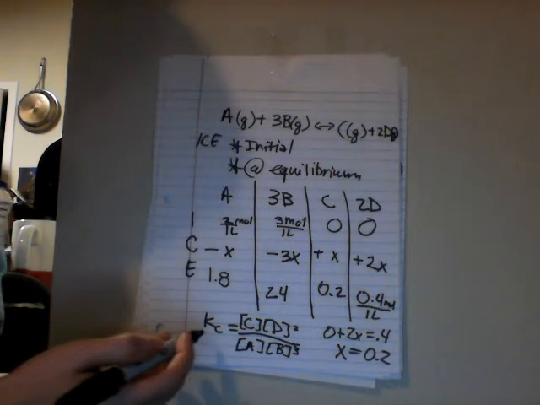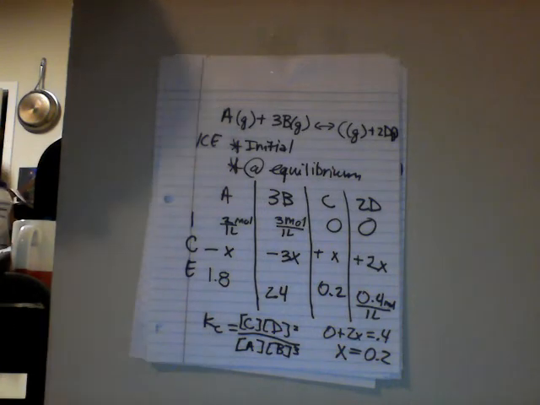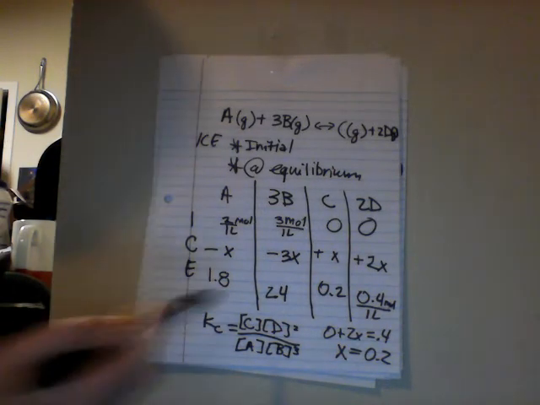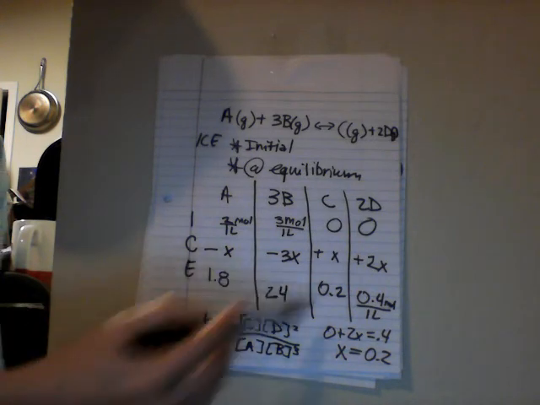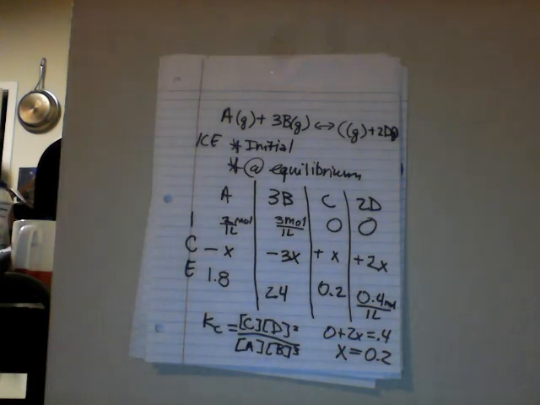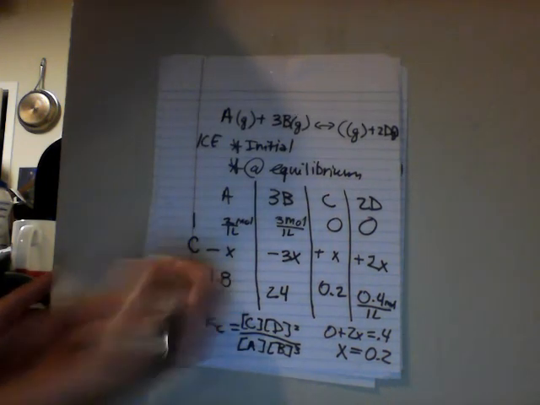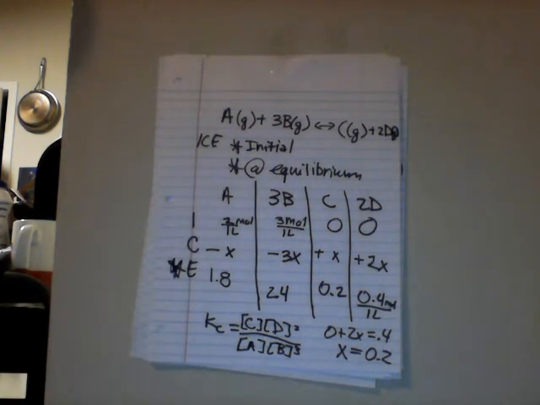So when I'm plugging into Kc, every time I find Kc, I plug in my equilibrium values. So this is what I plug into the Kc expression every single time.